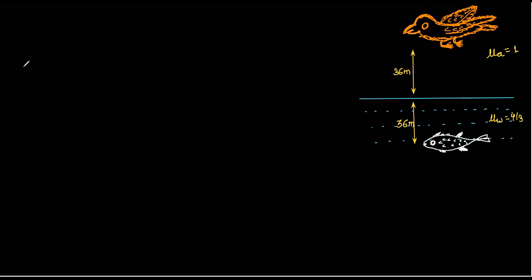And now what is the question? See what they have asked in the question. Number A, find the apparent height of the bird. Apparent height of the bird means for whom?